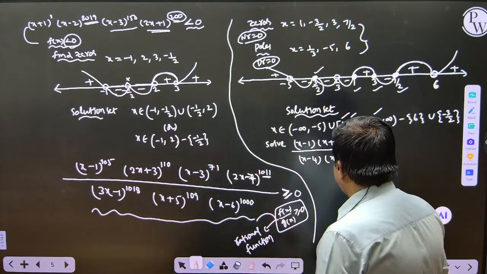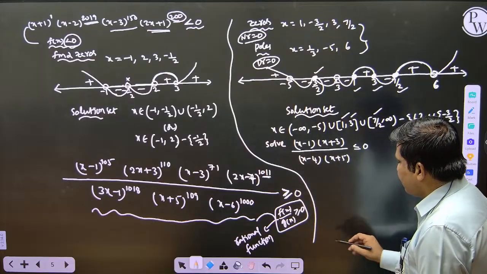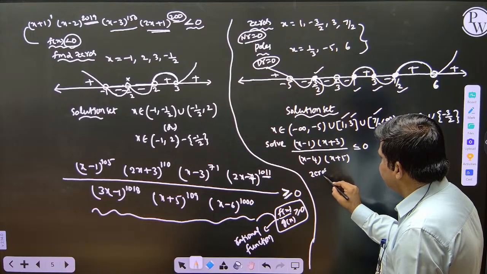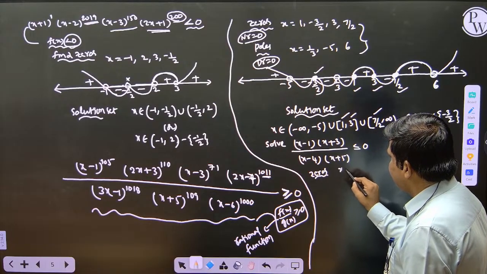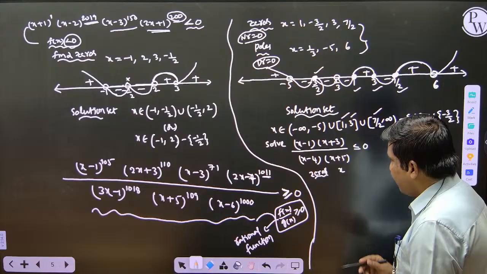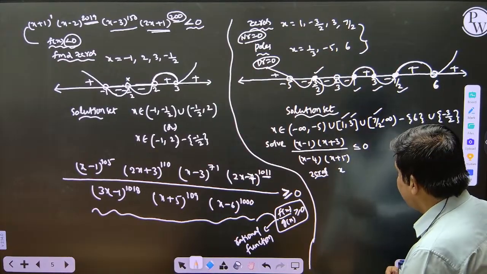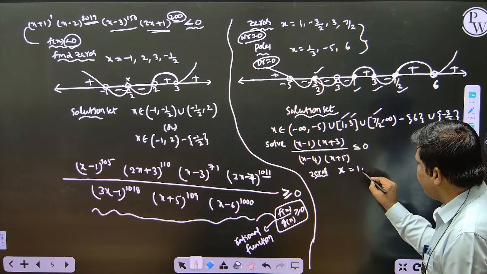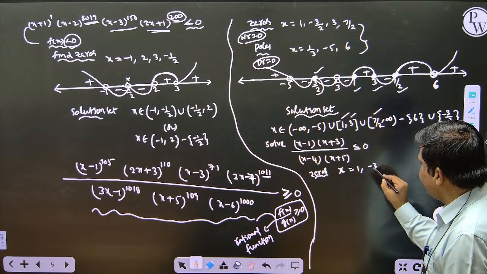Solve this one. Here also, first you find out the zeros. What are the zeros? x is equal to 1, comma, minus 3.